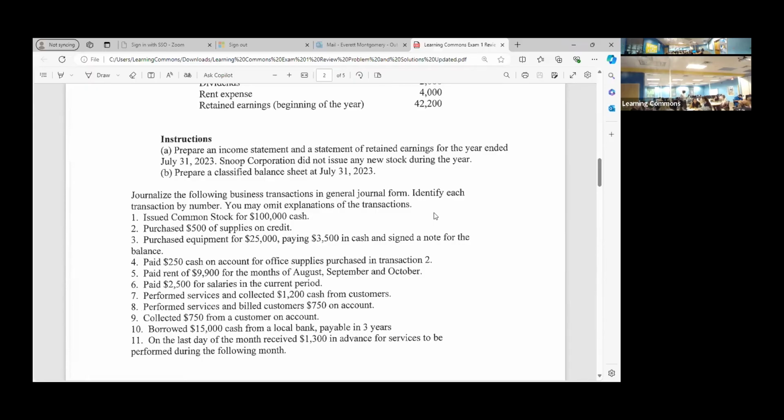Remember, in each of your transactions, you have to have a debit and you have to have a credit.